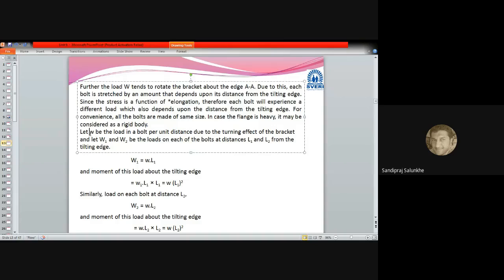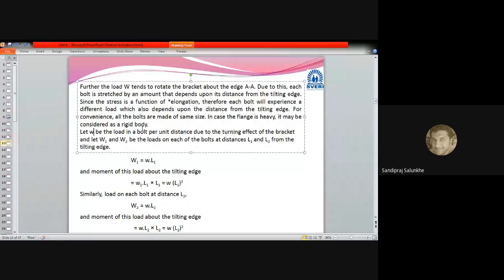Now here one more thing you have to understand, that let us consider this small w be the load on bolt per unit length. Listen carefully. The small w is the load in a bolt per unit distance, that is nothing but length, due to the turning effect of the bracket.